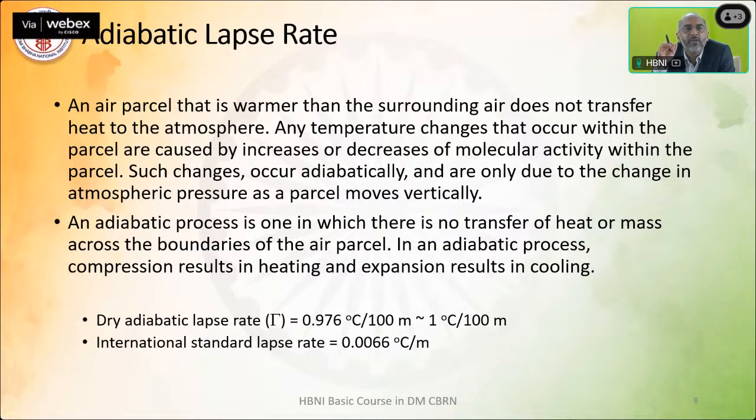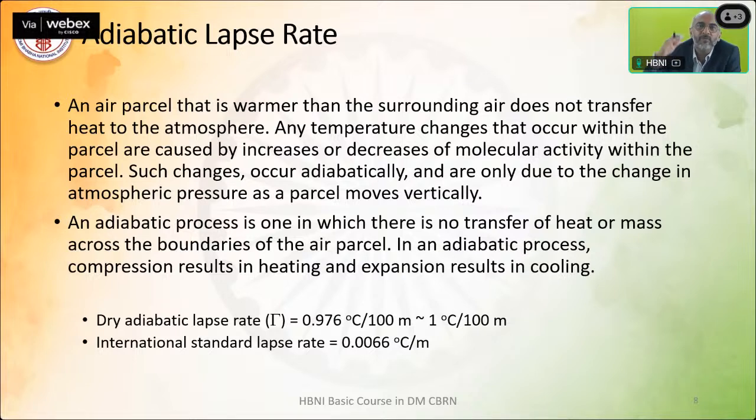So an adiabatic process is one in which there is no transfer of heat or mass across the boundaries. As I said, there is no heat transfer between the parcel and the surrounding atmosphere. And in an adiabatic process, compression results in heating, and expansion results in cooling.